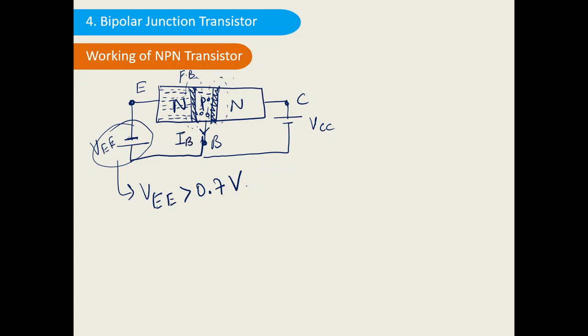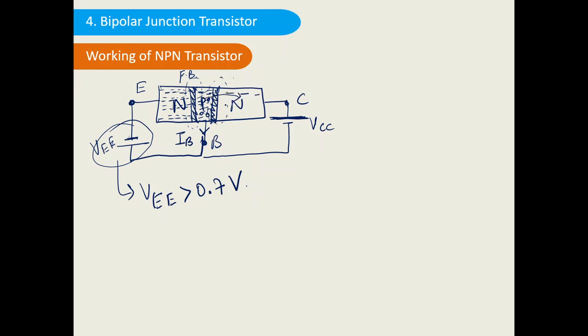Why a small amount of base current? Because the base is lightly doped, and also the area of the base is very small. So more electrons get accumulated in the base region. These negative electrons find the positive plate, VCC, which is at high polarity, so they jump to the collector region.